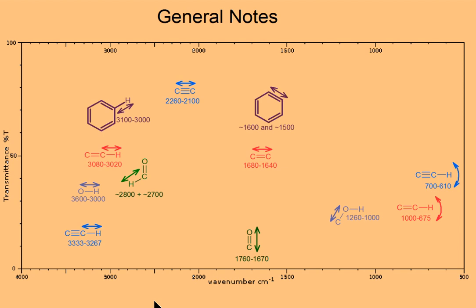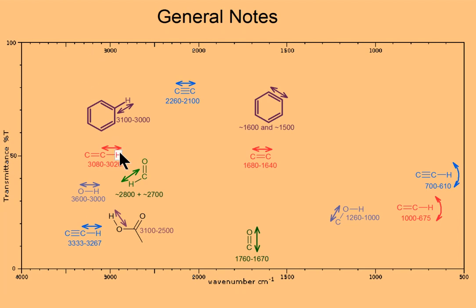Related to the aldehydes and ketones, we have, of course, the carboxylic acids, which have that OH stretch. It's usually strong and broad, like an alcohol, but it's not as stiff a bond because of the nearby carbonyl group. So it's normally centered about 2900 and starts out somewhere about 3100 and goes down to about 2500.